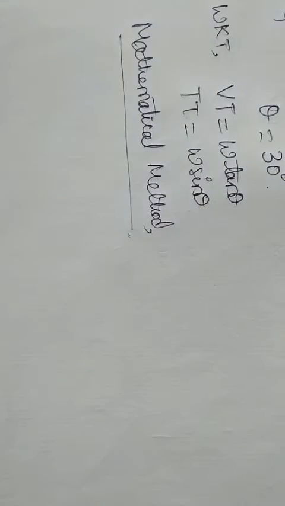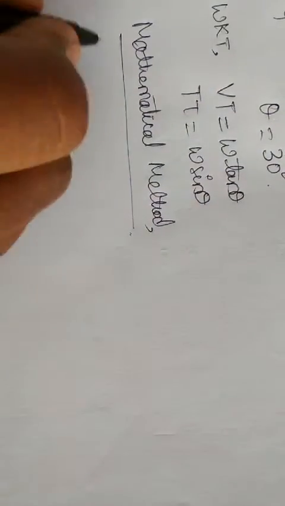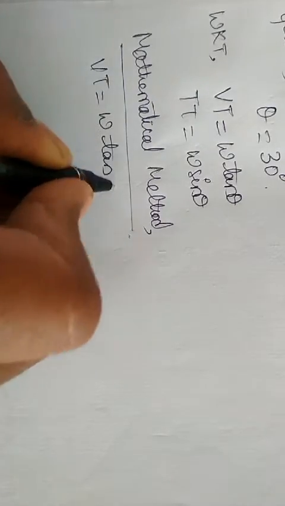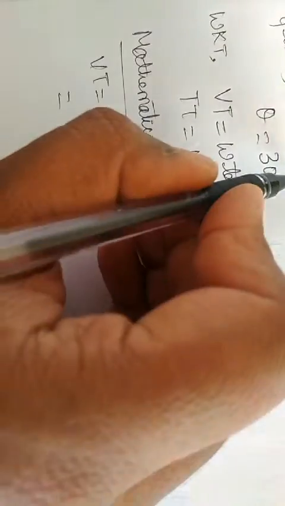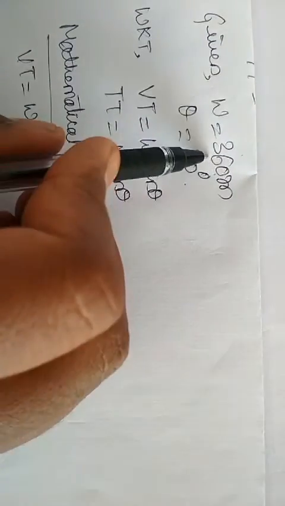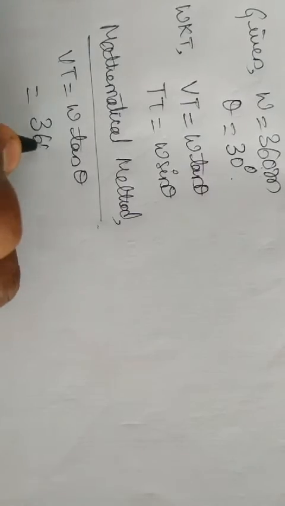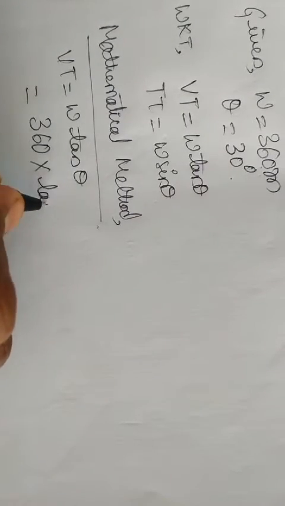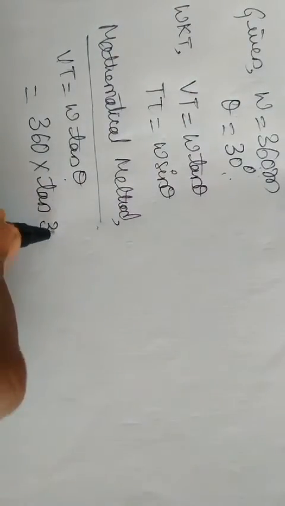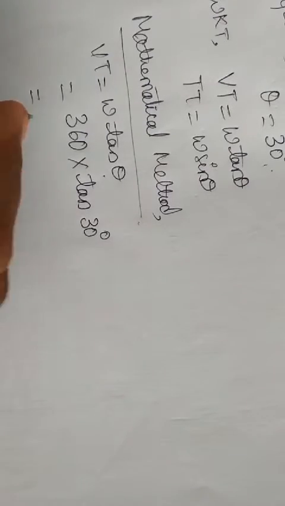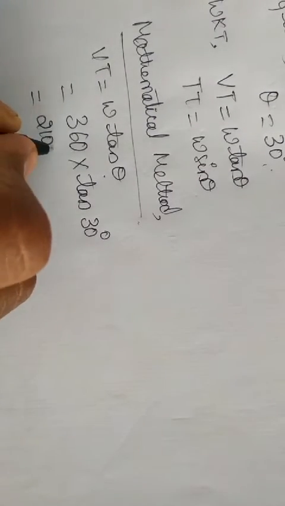So in the mathematical method, we substitute Vt is equal to W tan theta. W is 360 meters, that is the width of outcrop, so it is 360 into tan theta, which is tan 30. When we multiply these, we get 210 meters.